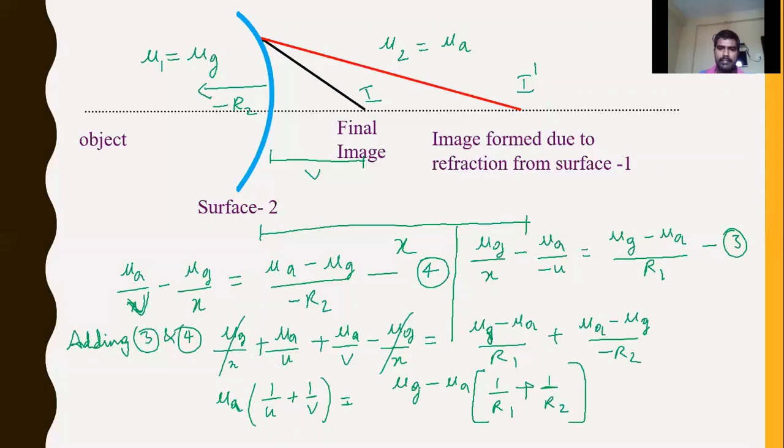As we have exchanged the terms mu g and mu a, the negative gets cancelled, so finally you will be getting 1 by r1 plus 1 by r2.